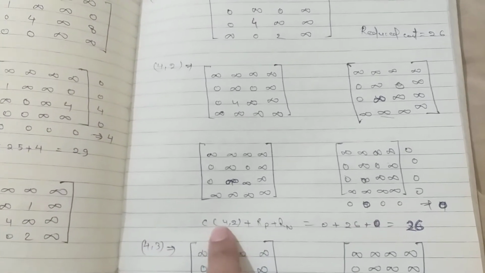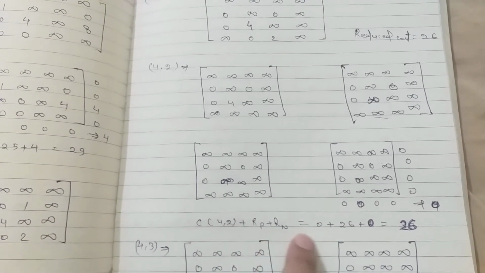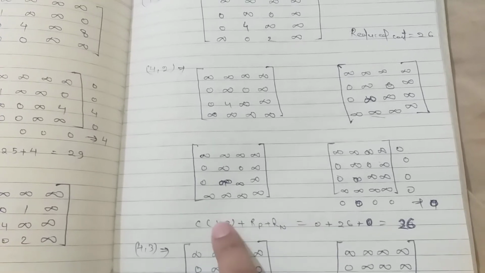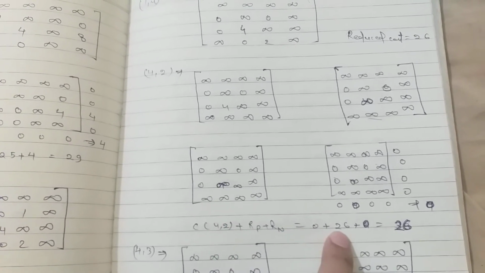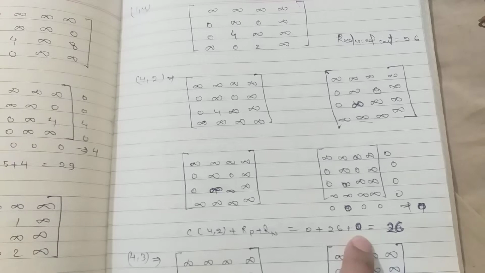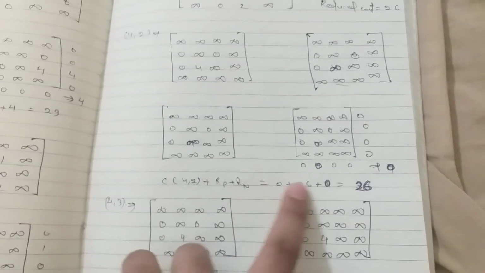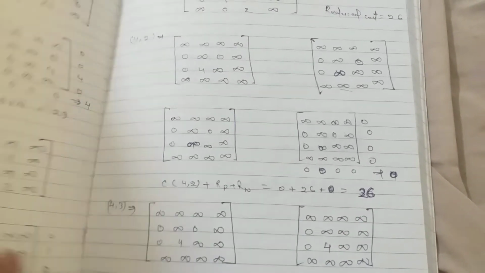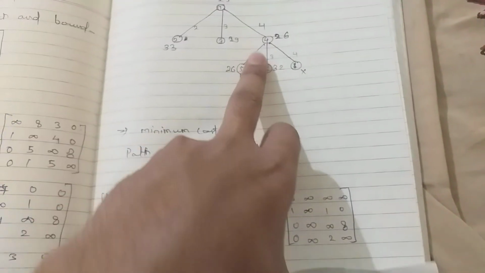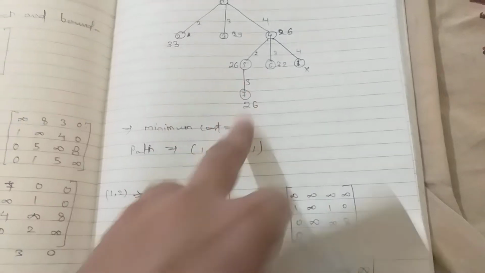So cost of 4 to 2 plus previous plus new: cost of 4 to 2 is 0, previous is 26 and new is 0. This comes out to be 26, so we will put 4 to 2 as 26.